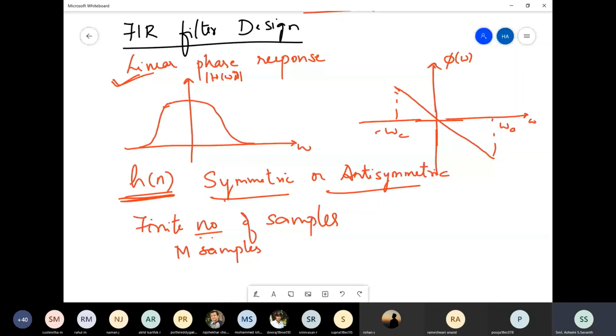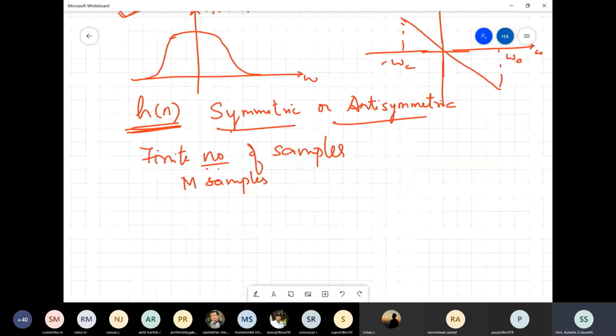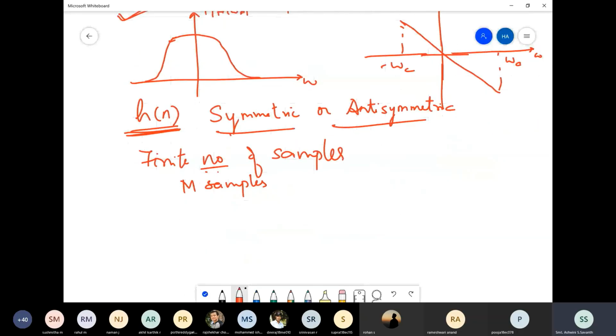If we write the y of n equation using the convolution, it will be summation k from 0 to capital M minus 1 h of k x of n minus k. It has M samples in the impulse response, and it is symmetric about the midpoint. So how we write the equation is h of n will be equal to h of M minus 1 minus n.